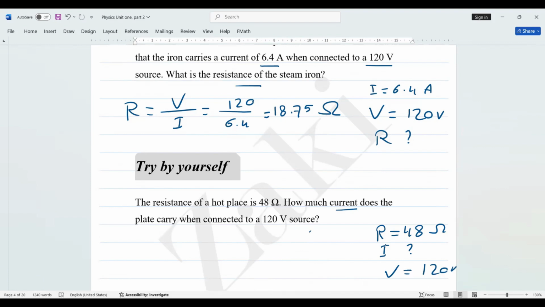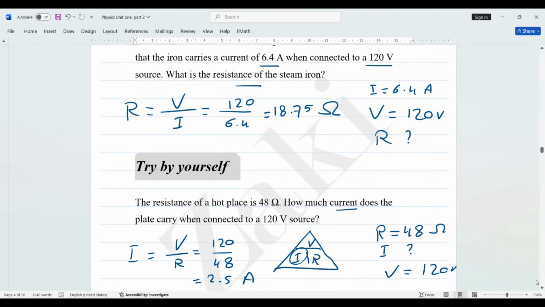The formula is V equals I times R. We need I, then I equals V over R, 120 over 48. So 120 divided by 48, the answer is 2.5 ampere. The unit of current is ampere. Next part.